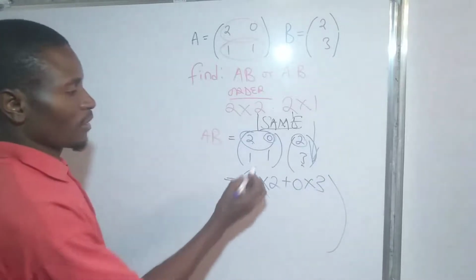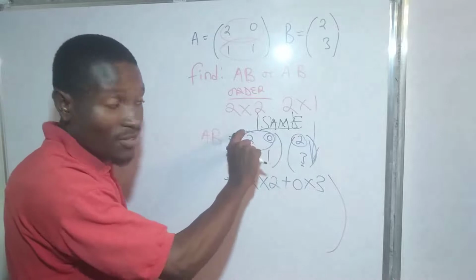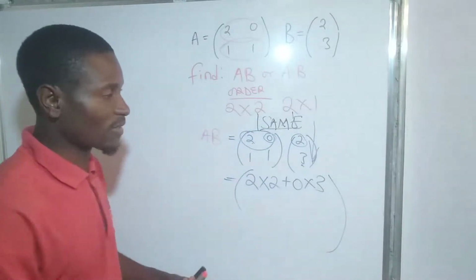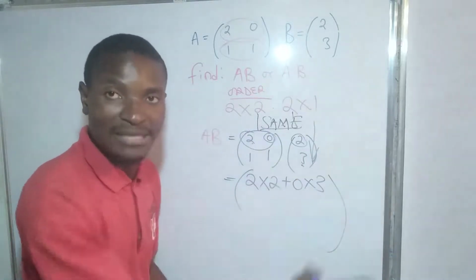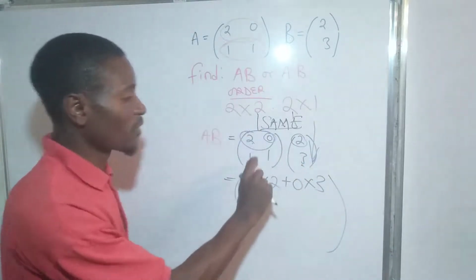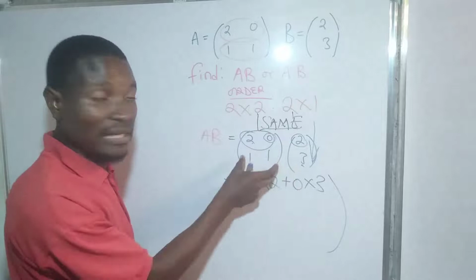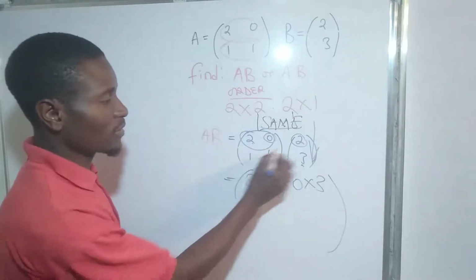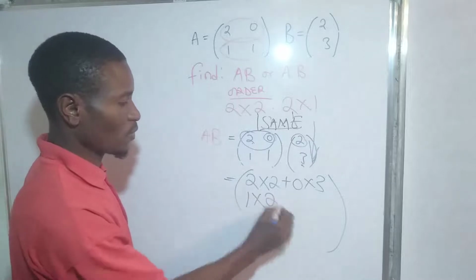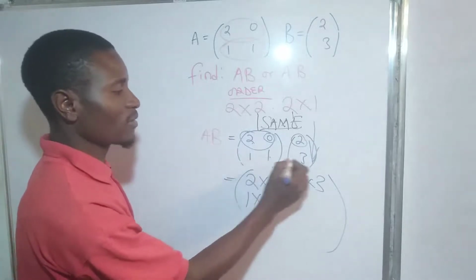Then this row has multiplied that column. Since there is only one column in the second matrix, I'm done for the first row. So I come to the second row in the first matrix. This into that, so 1 times 2 plus 1 times 3.